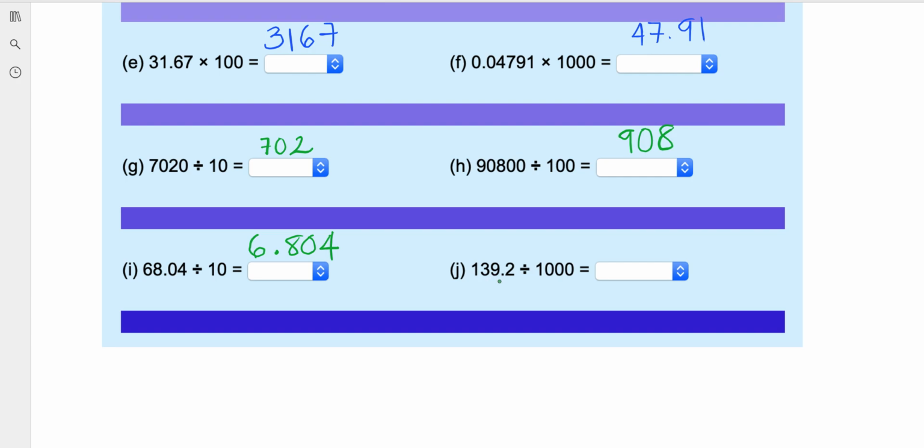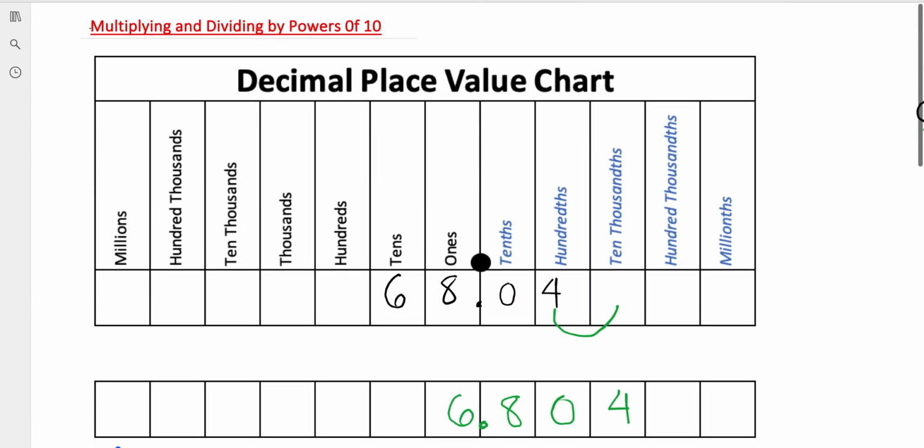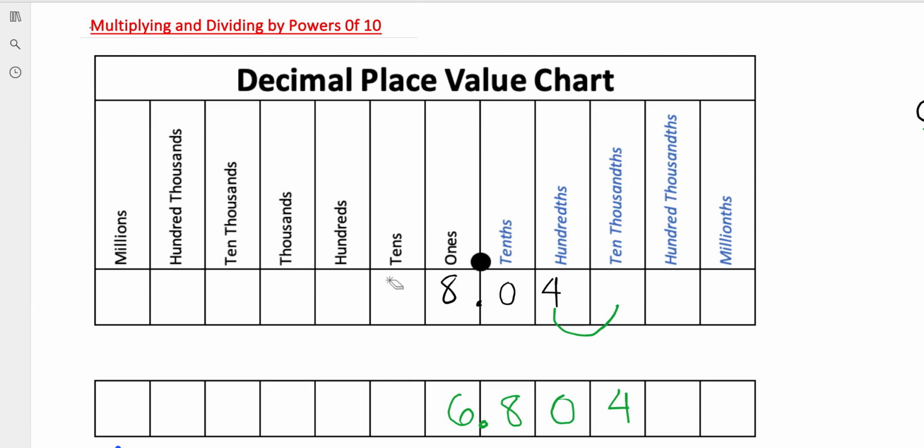Okay, last one. Okay, so 139 and 2/10 divided by 1,000. So again, I'm going to be moving to the right.